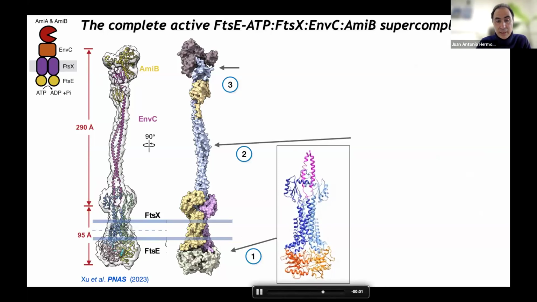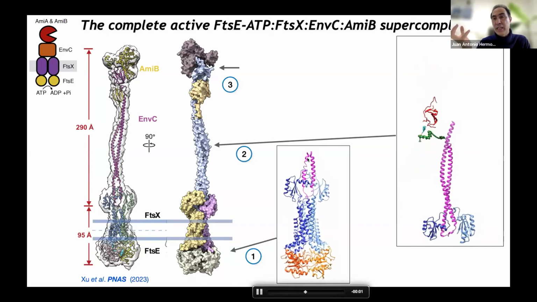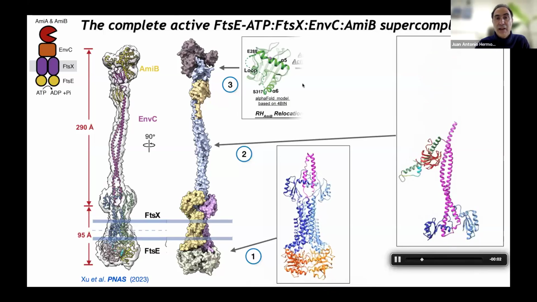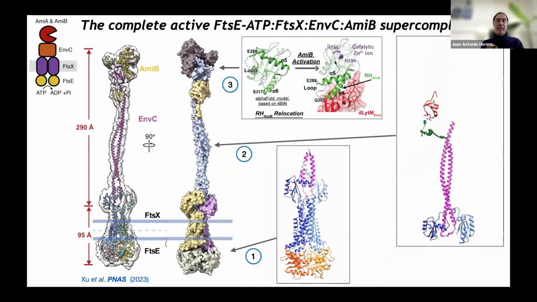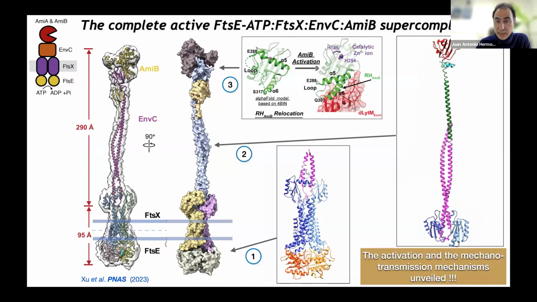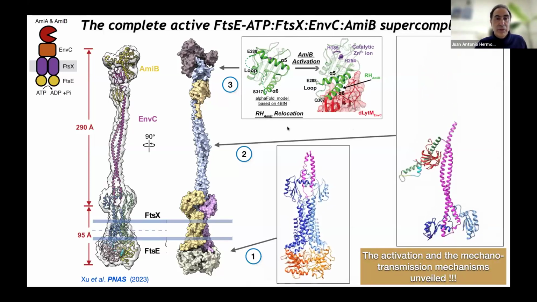ATP hydrolysis produces a compression of the transmembrane segments that pushes the coiled coil of EnvC, which provides an extension of the coiled coil in order to put the LytM domain, here in red, at 3 Angstrom over the membrane. Finally, this LytM domain is able to activate the amidase by releasing the helix that is blocking the entrance of the substrate to the active site. So this provided the molecular basis of the mechanotransmission in Pseudomonas aeruginosa.